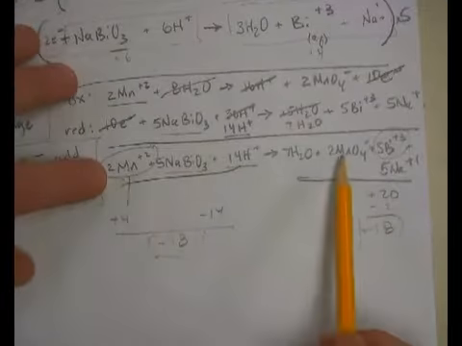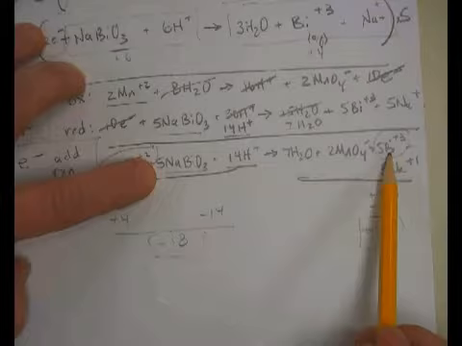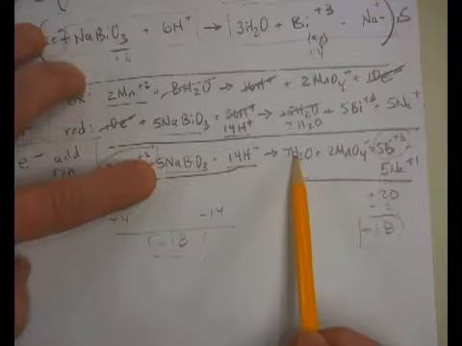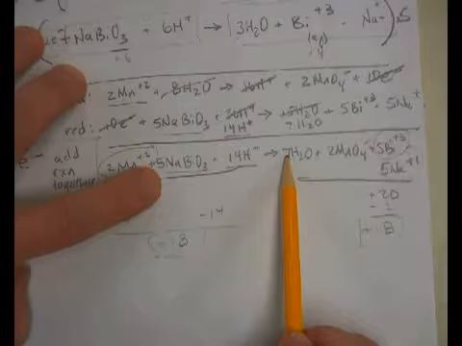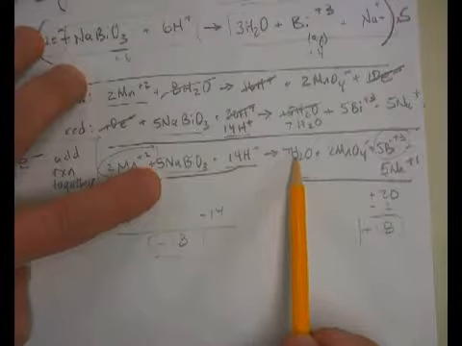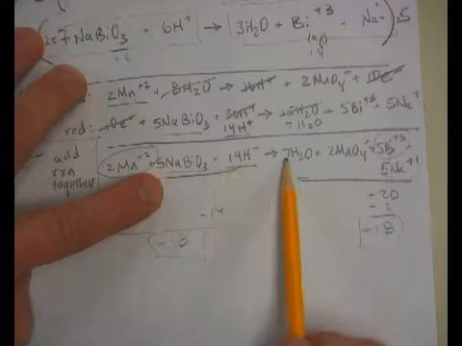2 manganeses, 2 manganeses. 5 sodiums, 5 sodiums. 5 bismuths, 5 bismuths. 15 oxygens. Let's see here, 15 oxygens. 5 times 3 is 15 oxygens, yep.